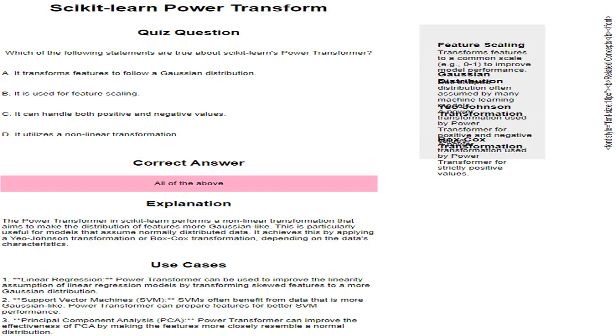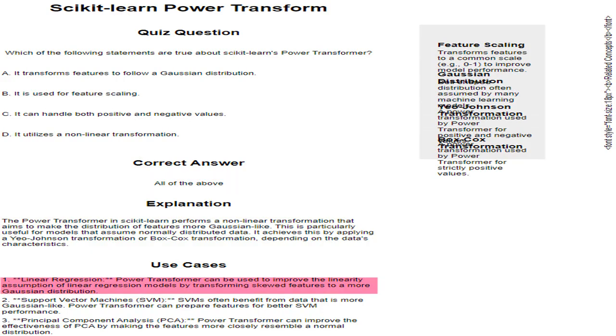All of the above. Linear regression: power transformer can improve the linearity assumption of linear regression models by transforming skewed features to a more Gaussian distribution. Support vector machines (SVM): SVMs often benefit from data that is more Gaussian-like.